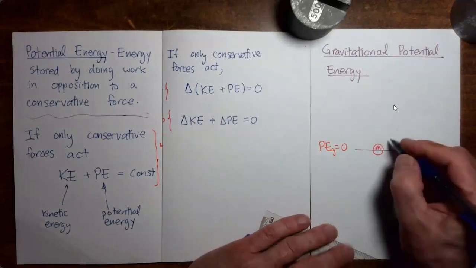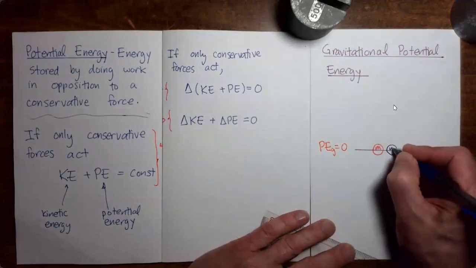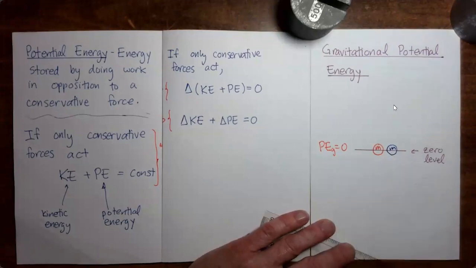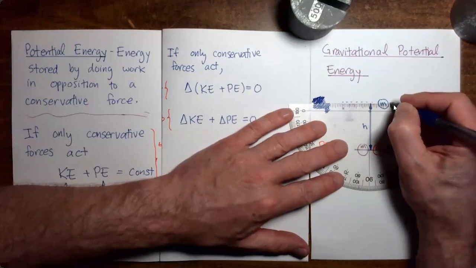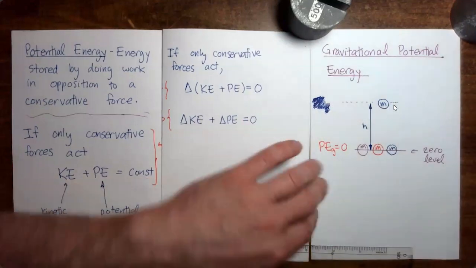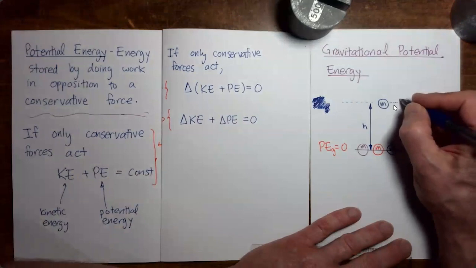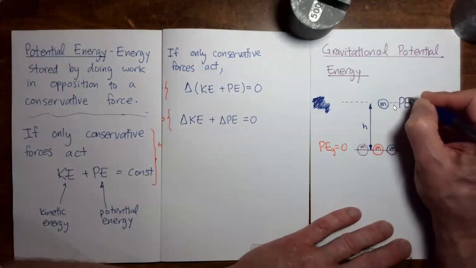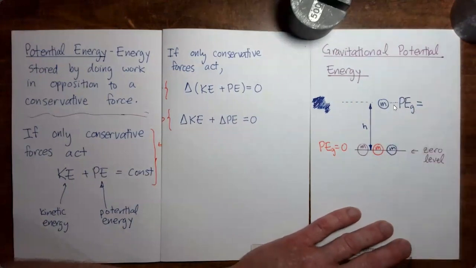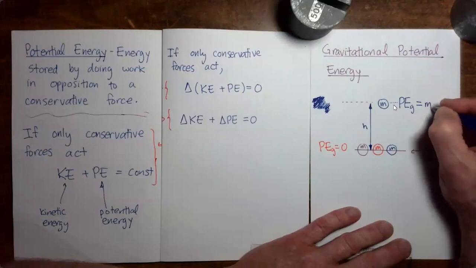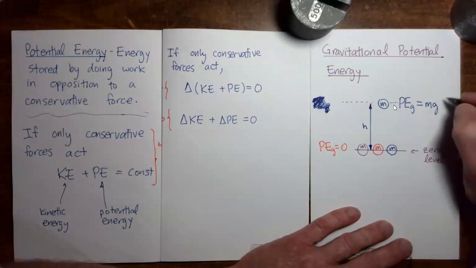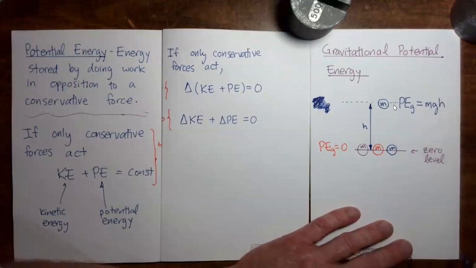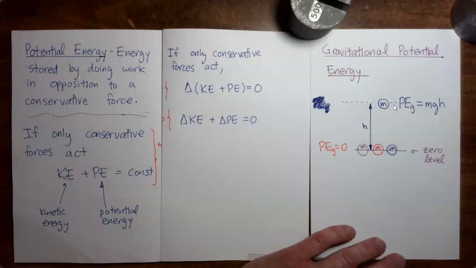Any other mass at the same height would then also have a gravitational potential energy of zero. If we have a mass m at a height h above the zero level, then its gravitational potential energy is equal to the mass of the object times little g, the free fall acceleration, multiplied by the height of the object above the zero level.